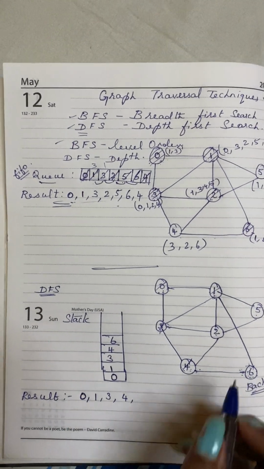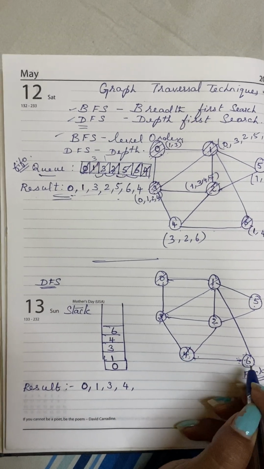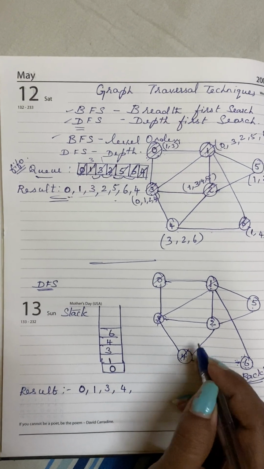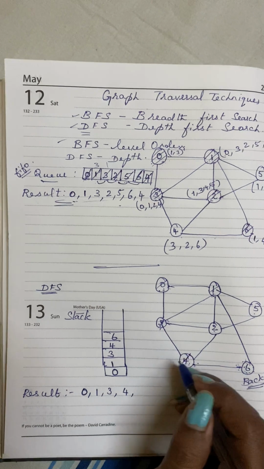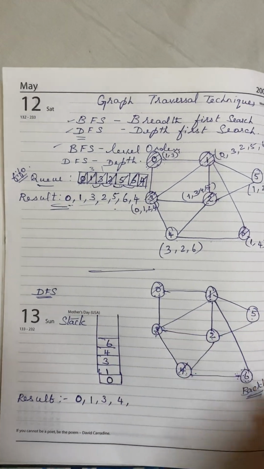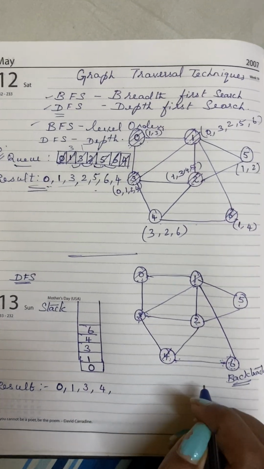Backtracking is nothing but moving back to the element which you have previously visited and checking if there are any unvisited nodes, and then going back and searching for the elements that are still left unvisited.